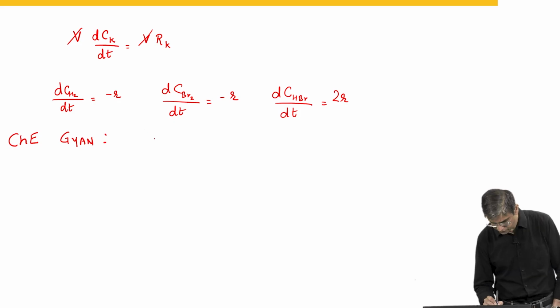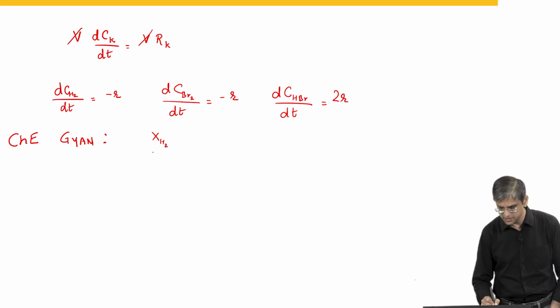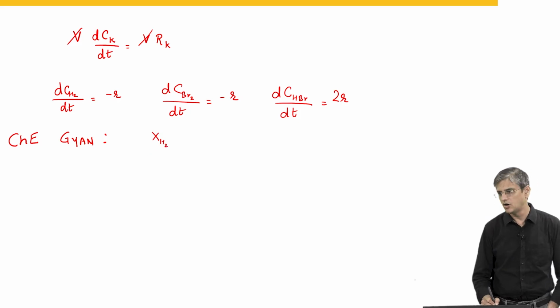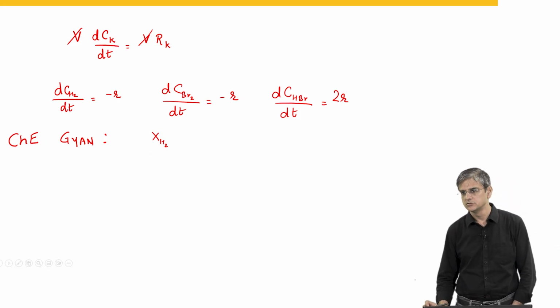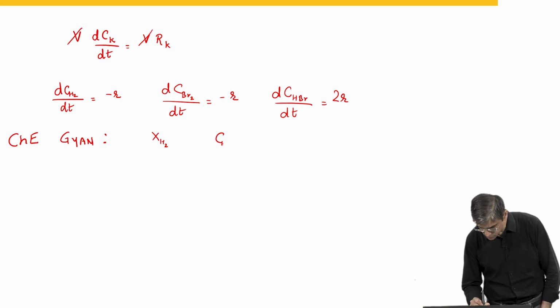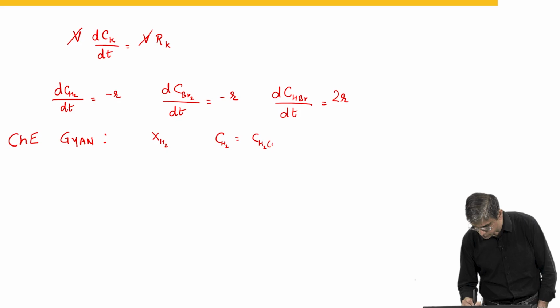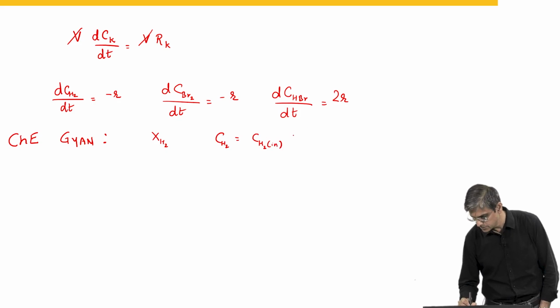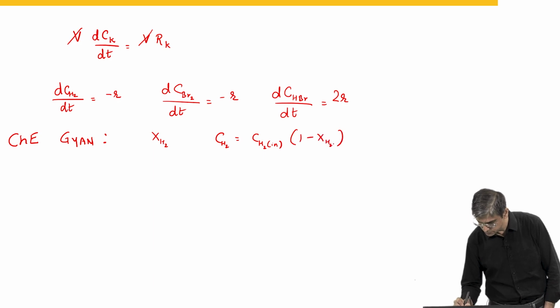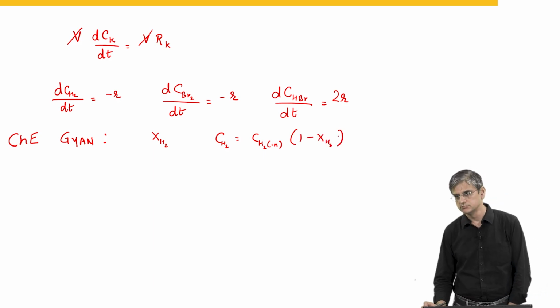So, if XH2 is the conversion of hydrogen, okay, then CH2 is going to be equal to CH2 initial multiplied by 1 minus XH2, right.